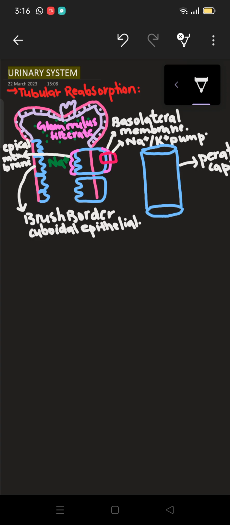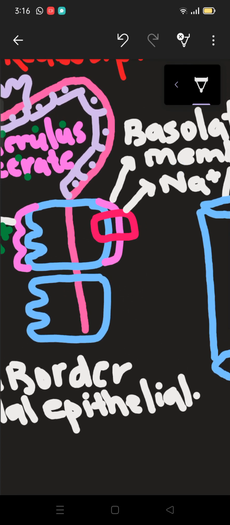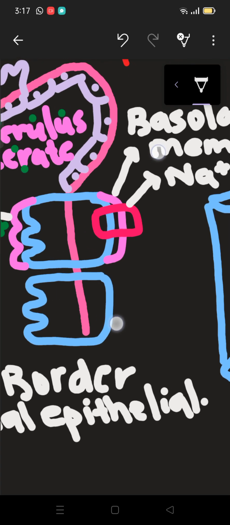This is the peritubular capillary. Sodium ions would be reabsorbed into the peritubular capillaries. The sodium potassium pump works so that 3 sodium ions are taken into the peritubular capillaries and 2 potassium ions enter the PCT. It actively extracts sodium ions to the capillaries and brings 2 potassium ions into the PCT.